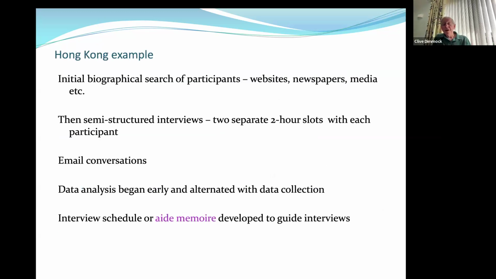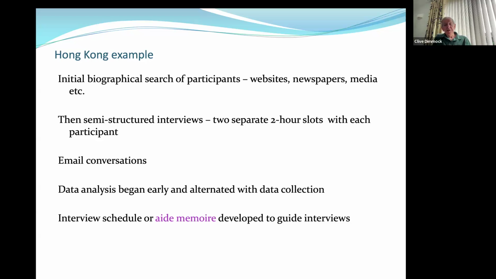So the Hong Kong example, my student started with a biographical search of participants. She used university websites, newspapers, media to find out more about participants. She then started semi-structured interviews with two lots of 2-hour slots each.